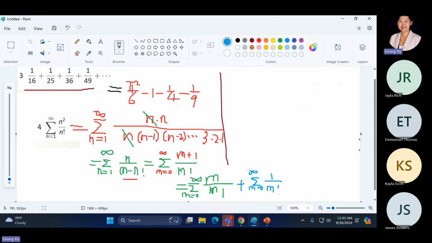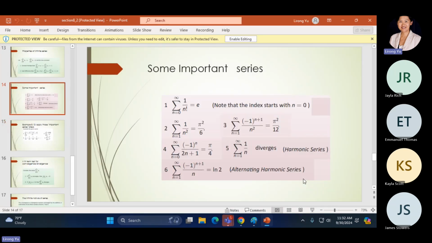And you can see when you separate them, the second one basically is e. You already wrote that, right? It doesn't matter what variable we're using.